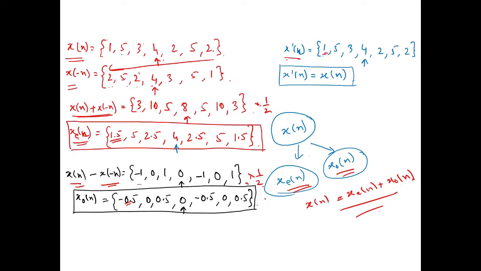Say we name it x dash n, we don't know whether we will be getting x[n] or not. Similarly, we have 5 plus 0, 5; 2.5 plus 0.5, 3; 4 plus 0, 4; 2.5 minus 0.5 is 2; 5 plus 0, 5; and 1.5 plus 0.5, so 2. So if we compare it with x[n], both x dash n and x[n] are equal.